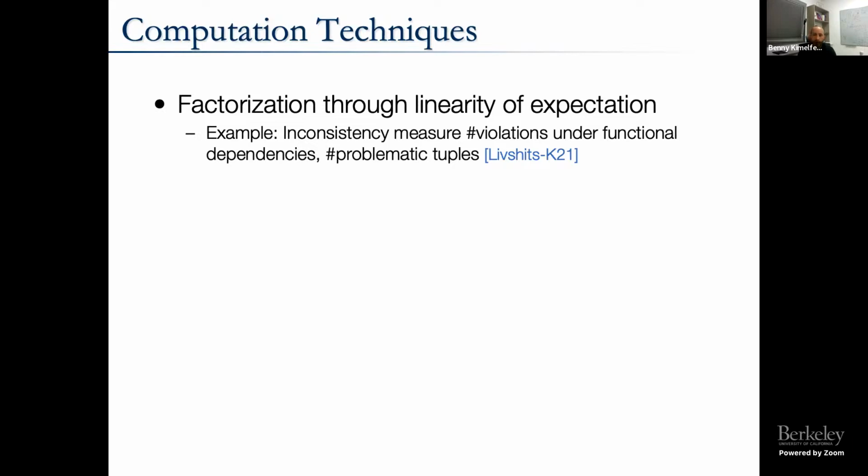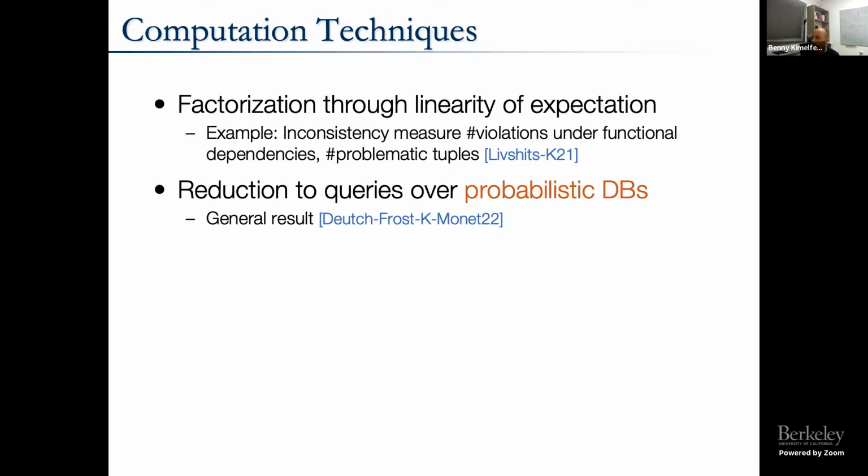For example, if we look at inconsistency measurement, and we measure inconsistency by the number of violations, or the number of tuples that participate in the violations, then this is the case. What else? Reduction to queries over probabilistic databases. Probabilistic databases are not always easy, but when they are easy, we can use them. I'll say more about this result next.